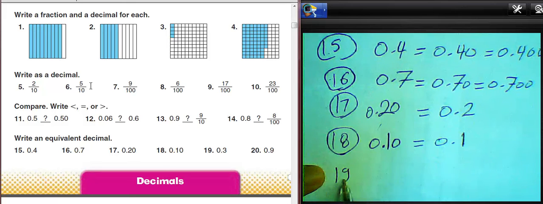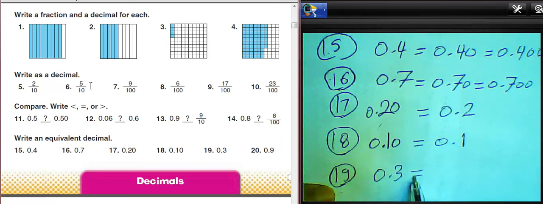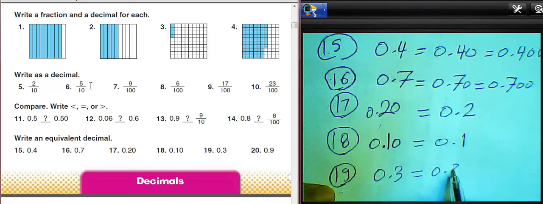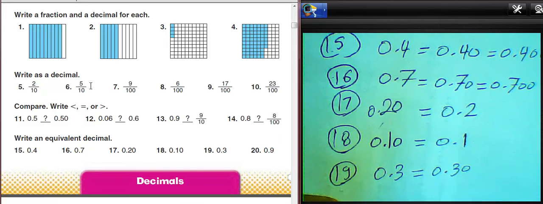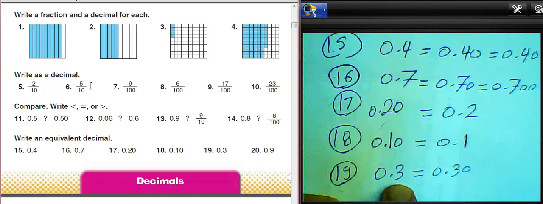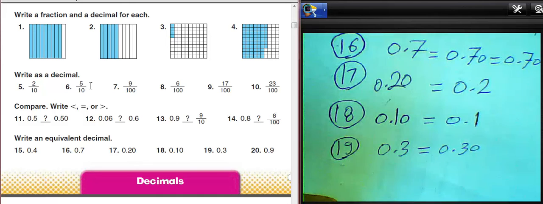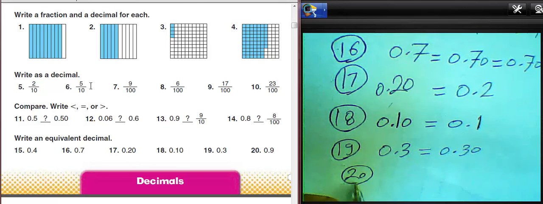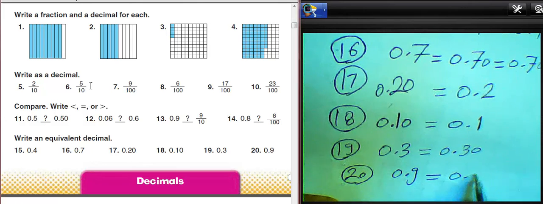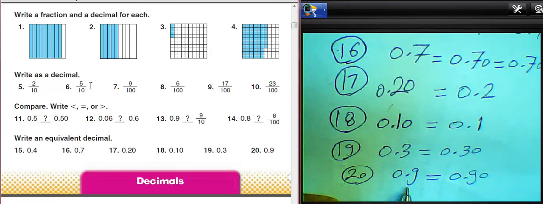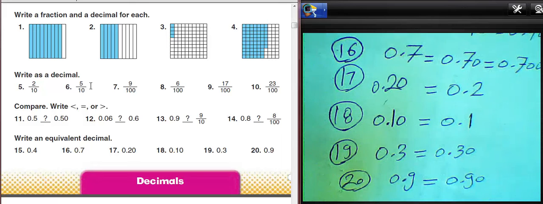Question 19. 0.3 equivalent to 0.30. So 3 tenths equals 30 hundredths. Question 20. 0.9 is equal to 0.90. 9 tenths equals 90 hundredths.